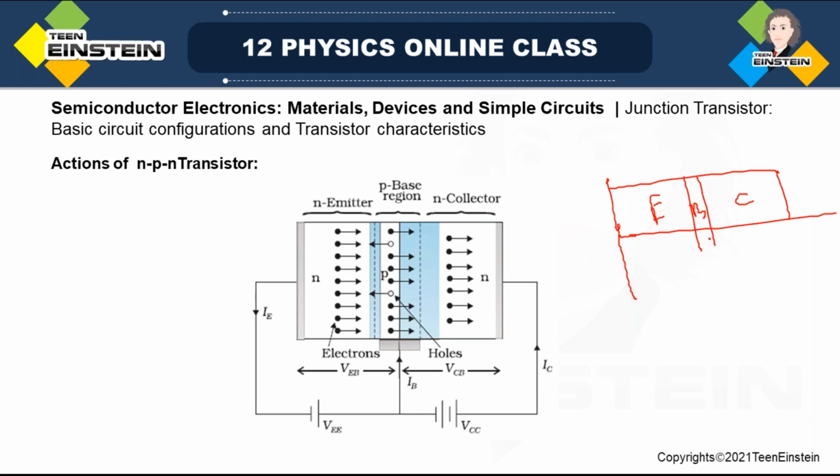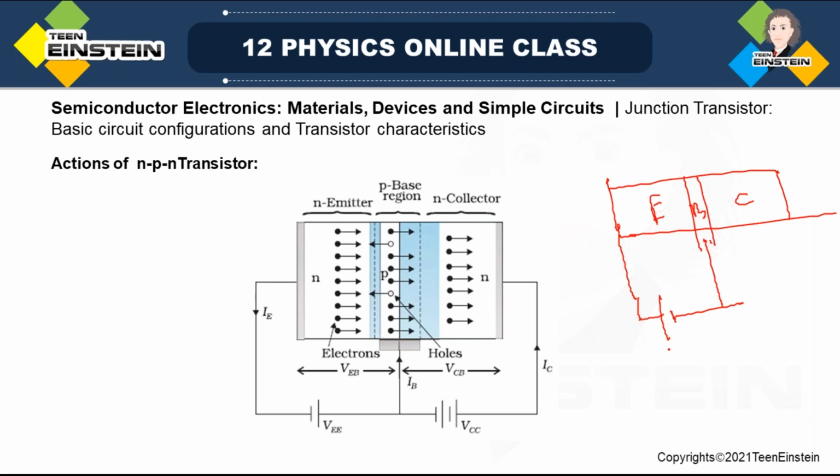So if I say common base, then the base can be connected with a battery with the emitter. This part is called the input. The BE junction is called input, and the CB junction, the collector base junction, is called output.